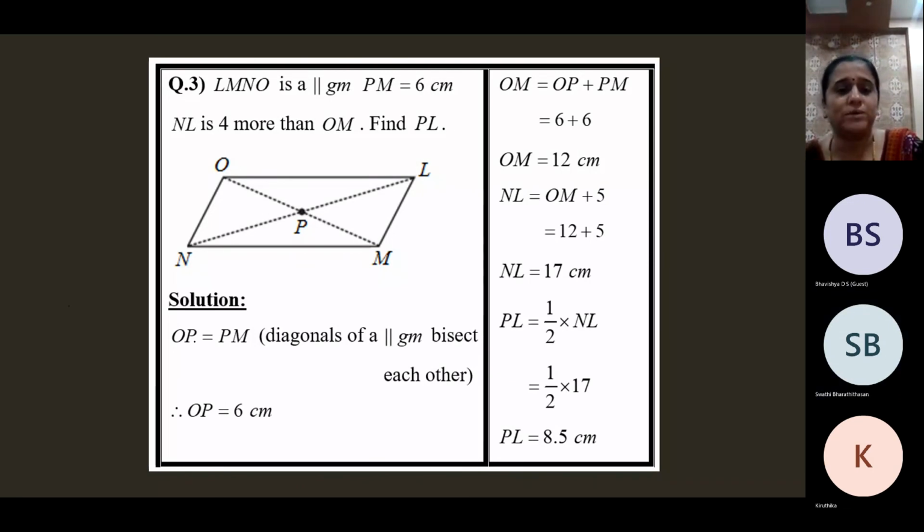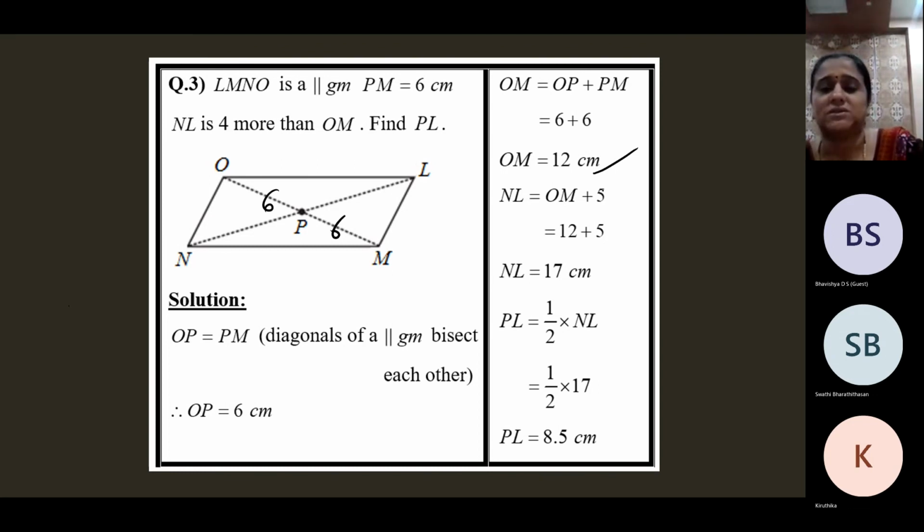Fine, PL. Okay. OP is equal to PM, diagonals bisect each other. OP is equal to 6. Then OM is equal to OP plus PM, so 6 plus 6, 12, this is correct. NL is equal to, instead of 4 more than, I put 5 more than.